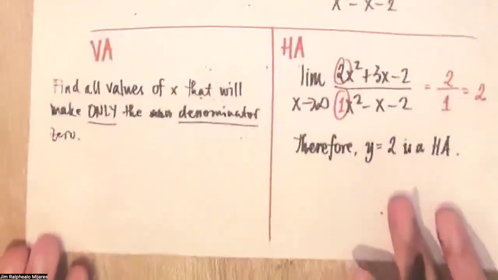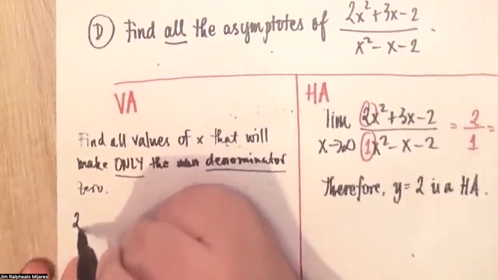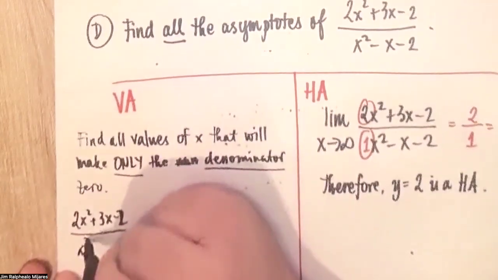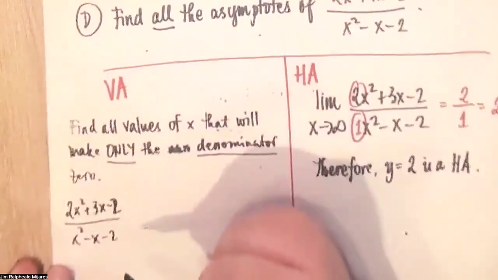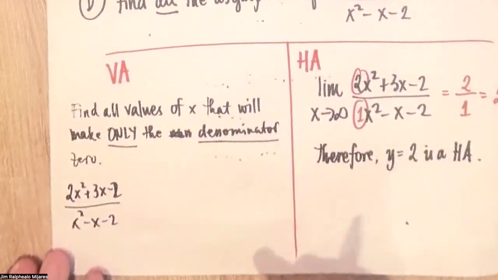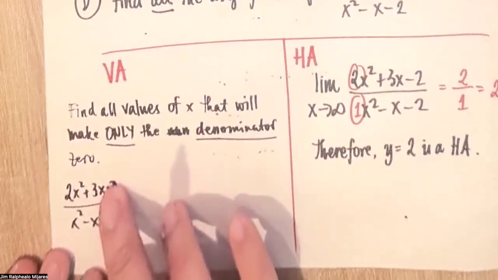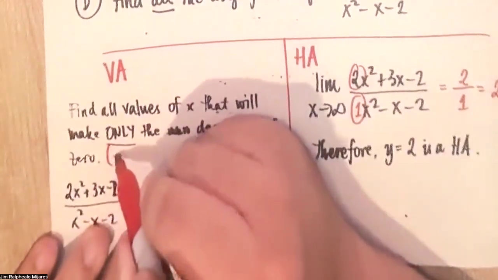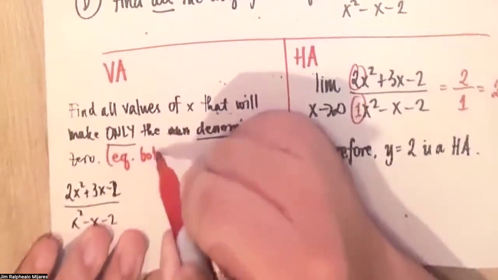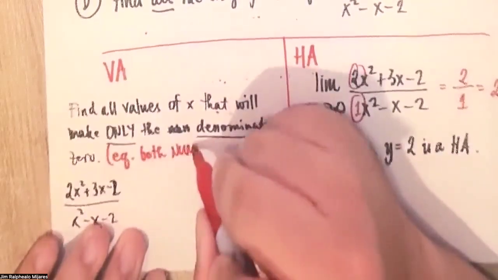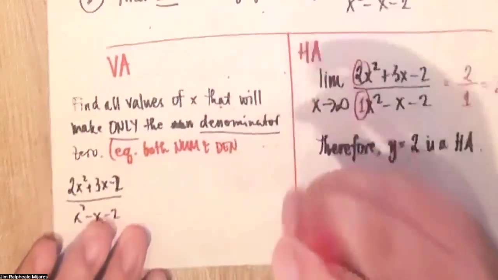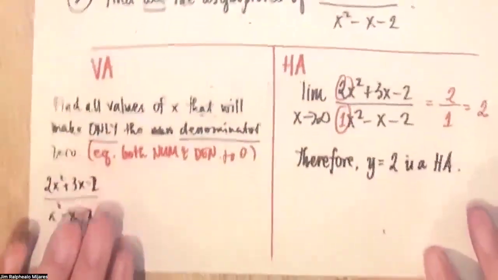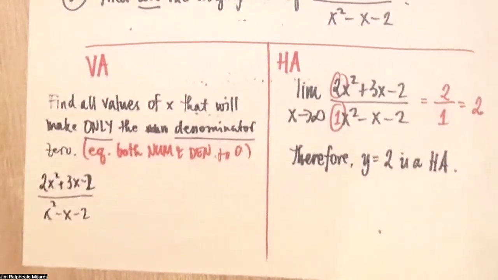Okay. So in this particular case, we will rewrite 2x squared plus 3x minus 2 all over x squared minus x minus 2. You can use your calculator to solve for what x is here. So you need to equate both numerator and denominator to zero.